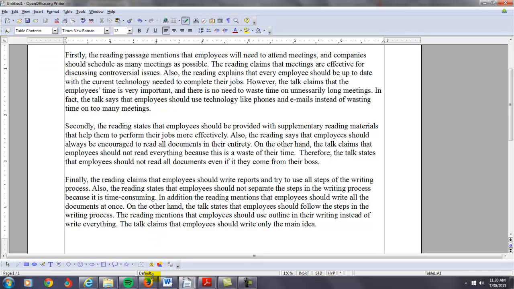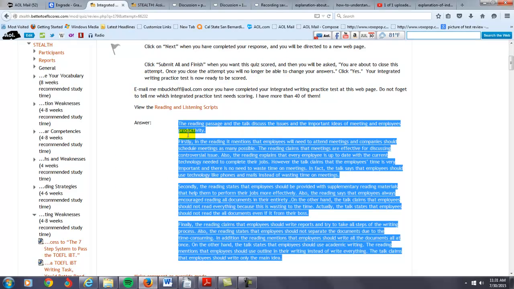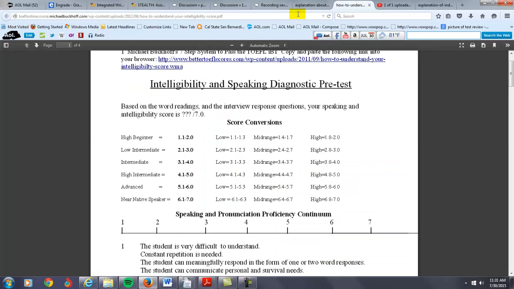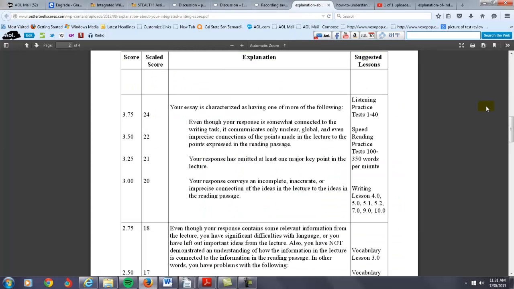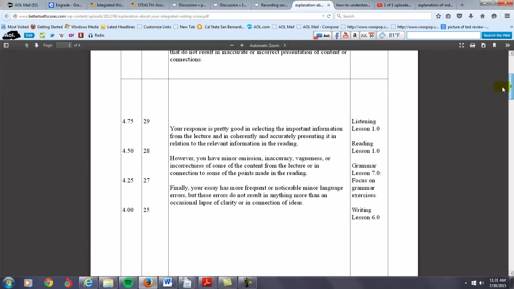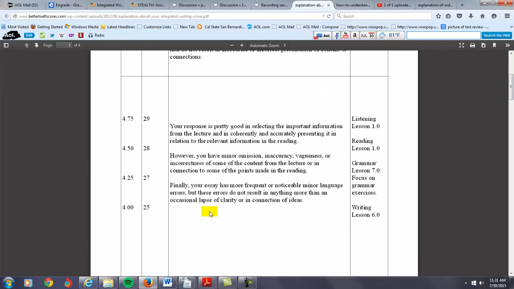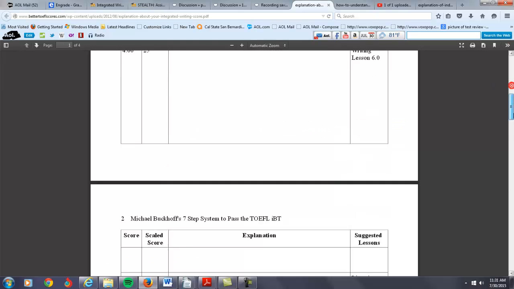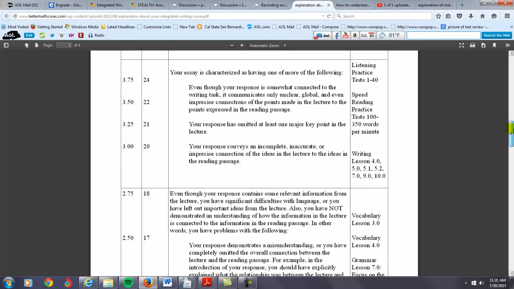Okay, now let's figure out your score. Here are the actual rubrics, right? In order to get a score of 5, you have to get a 4 or higher. You can have minor omission, inaccuracy, vagueness, and incorrectness, but I think yours is more than that, so I'm going to put you in the 3 range here.